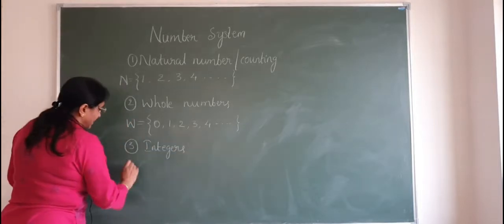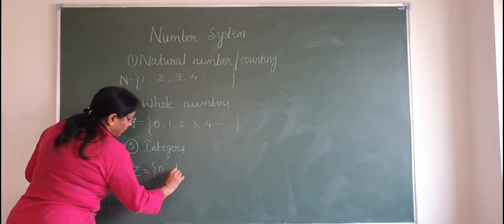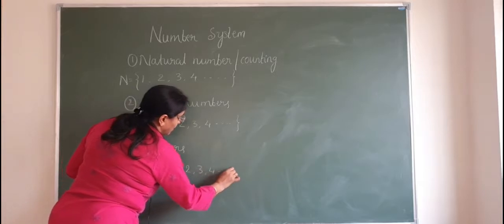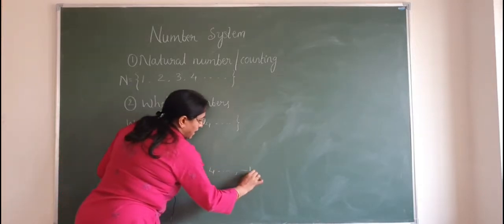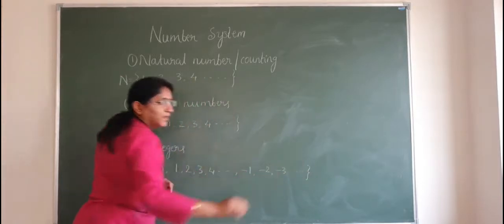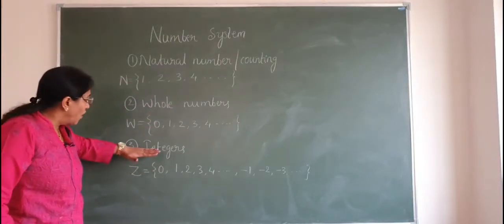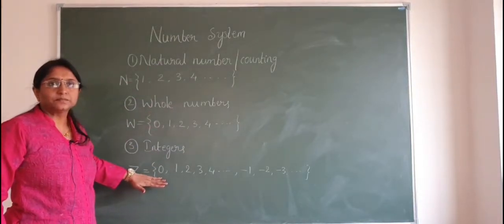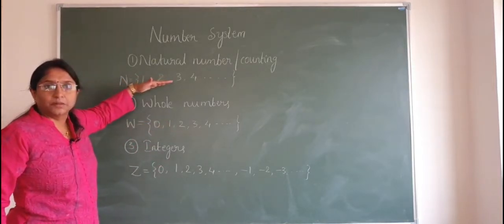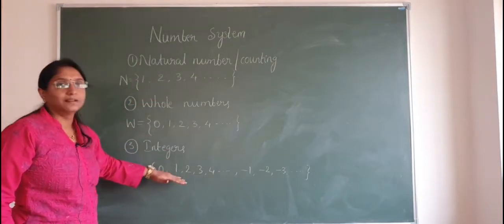We denote this set by Z. Here 0, plus 1, 2, 3, 4 and so on, and I also include minus 1, minus 2, minus 3 and so on. So the difference between these three sets: all integers are not whole numbers or natural numbers, but all natural numbers are integers. All whole numbers are integers.